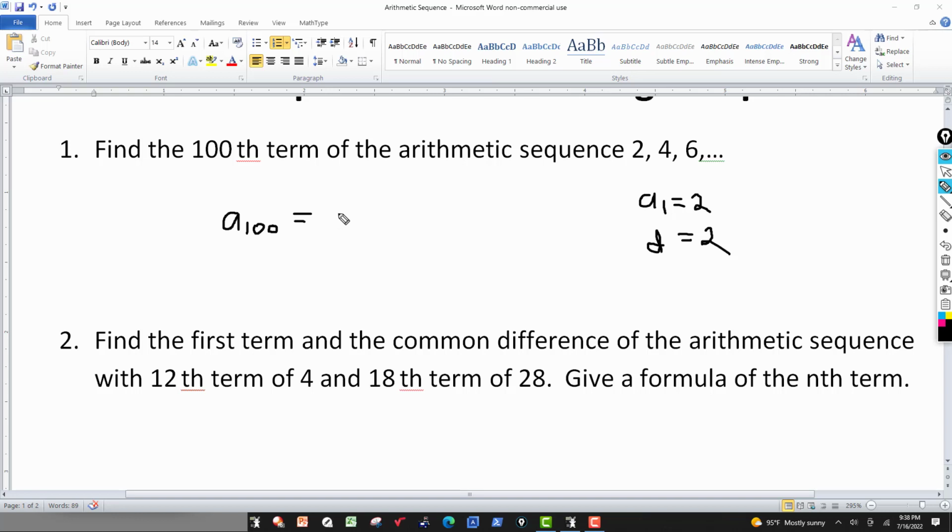D is the common difference, and here the first term is 2, so it's 2 plus n minus 1. Well, here n is 100, so subtract 1 from that, it's 99, times d. D, the common difference, is 2, so we get this. And then 2 times 99 is 198, plus 2 gives me 200. So that's the answer. Let's go to the next one.